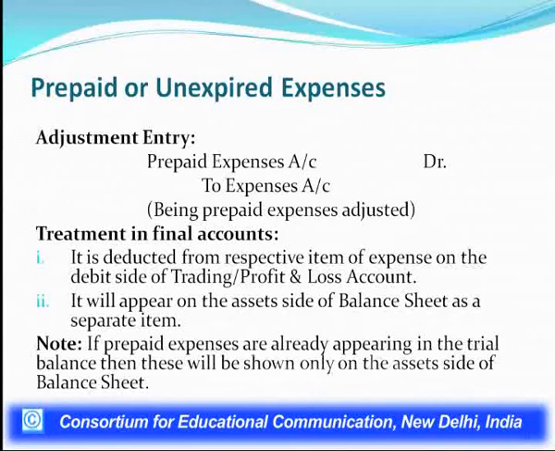If wages are prepaid, then we shall deduct the prepaid wages from the wages on the debit side of trading account. If there is prepaid rent, then we shall deduct the prepaid rent amount from the rent account on the debit side of the P&L account. And a second time it will appear in the balance sheet, on the asset side, because the amount is recoverable either in cash or kind, so it is an asset.